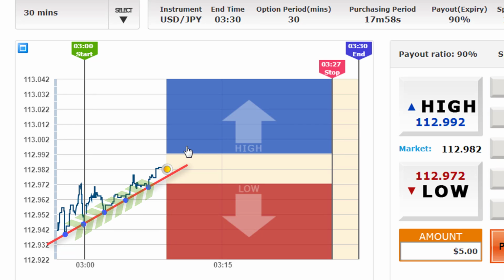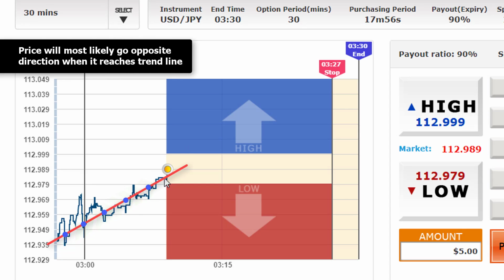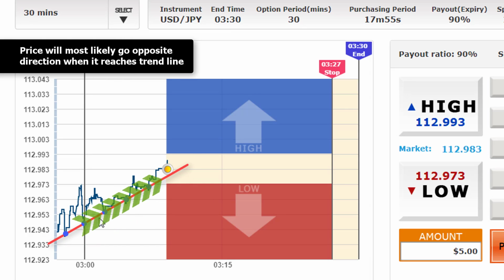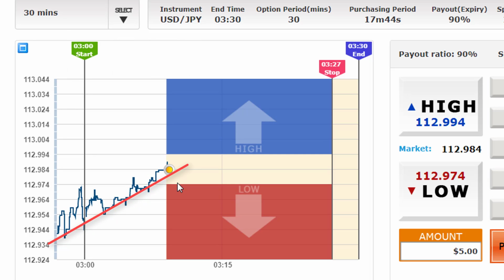And when the price reaches this trend line, most likely it's going to go up. It's going to bounce back, because when you trade with binary options, the price always moves in a zigzag. When the price goes up and down, up and down, when it reaches the trend line, it will always bounce back. So yep, just keep that in mind.